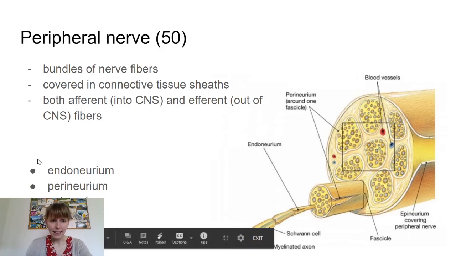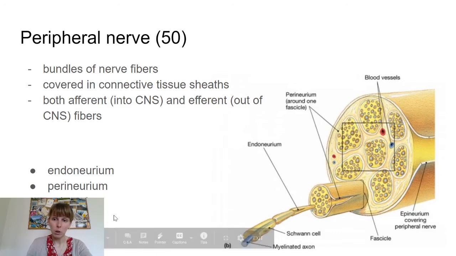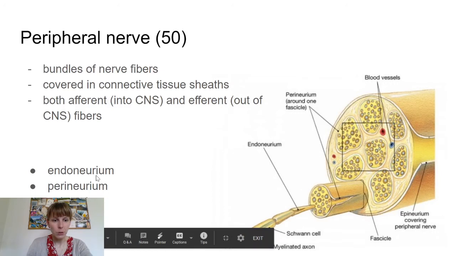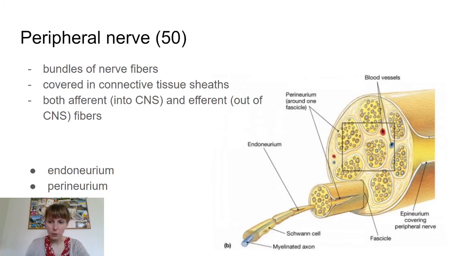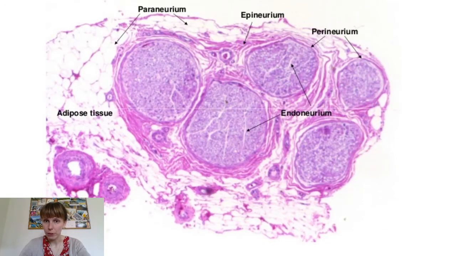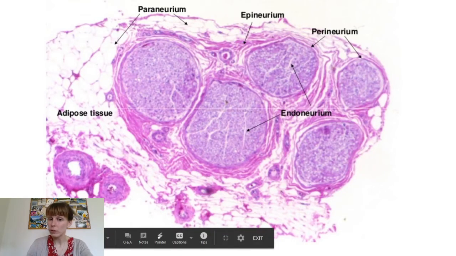And you have different layers of the connective tissue which are protecting and filling this whole thing. So you have endoneurium, perineurium, and epineurium. So these 3 layers are present in the peripheral nerve. So if you have the peripheral nerve on a cross section, it could look something like this.